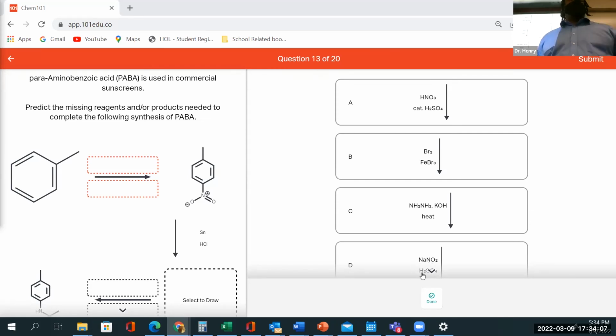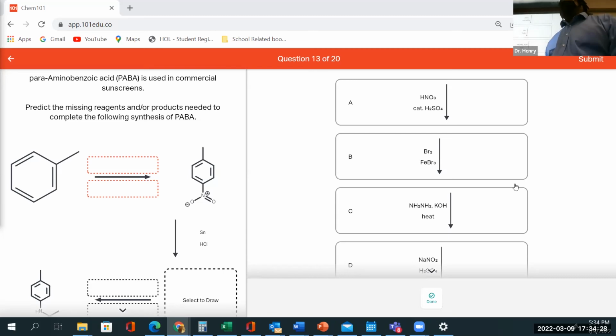So what do you think is going to happen in that context? They're going to neutralize each other? Sort of, yeah, that's part of it, but also you have so much of that sulfuric acid that you're going to end up getting a thio added on there instead of a nitrite added on.